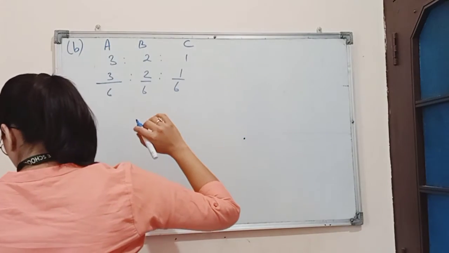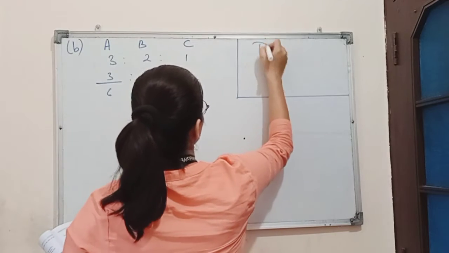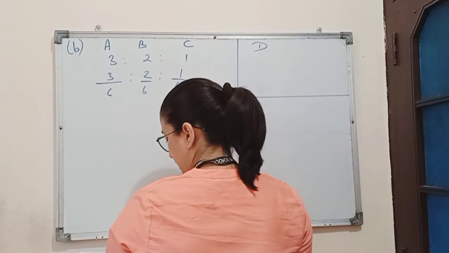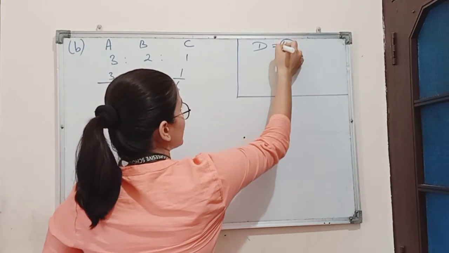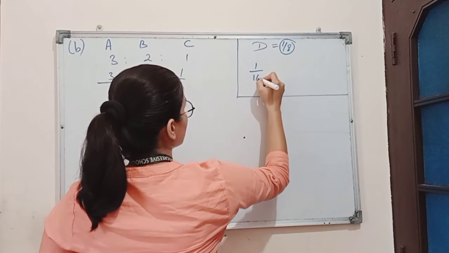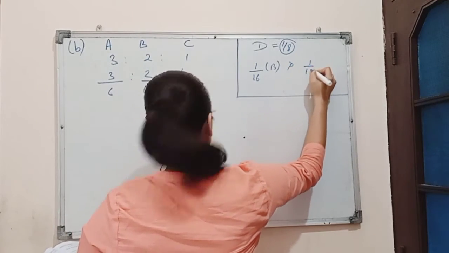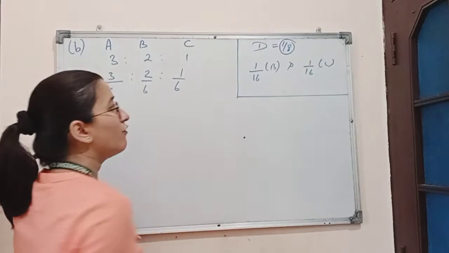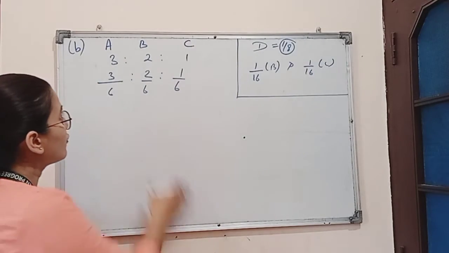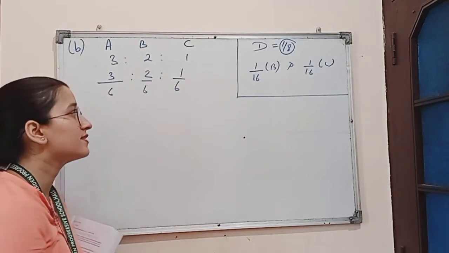Now they have admitted D as a new partner. So D is a new partner with the share 1 by 8, which he has acquired 1 by 16 from B and 1 by 16 from C. So the share of D has been acquired from B and C equally, that is 1 by 16.